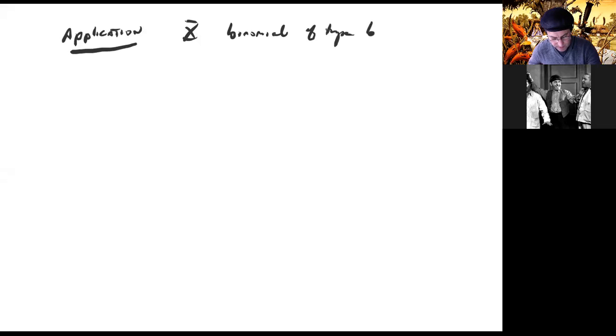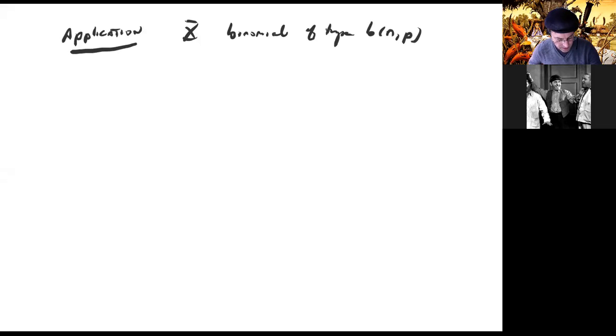Okay, so here's an application of all of this, or an example. Suppose x is a binomial random variable of type b(n, p). So it's a discrete random variable.